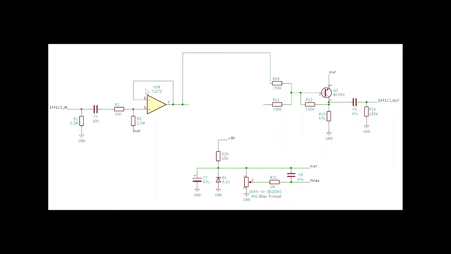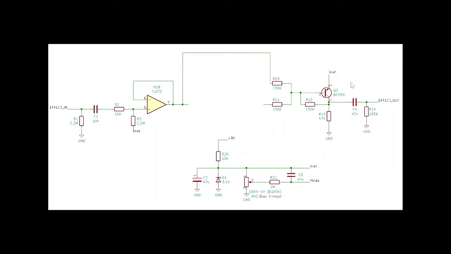The input is just a buffer, which helps preserve the signal. It sends the dry signal to this output stage, which is a simple common emitter amplifier. A PNP is used here just because it's easy to bias, without going into more complication.